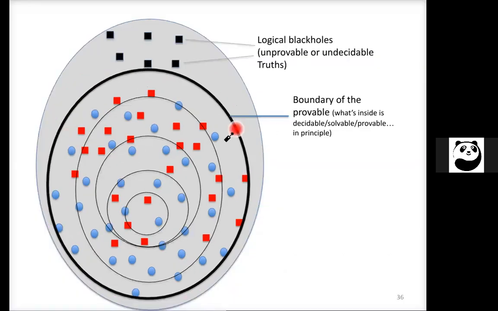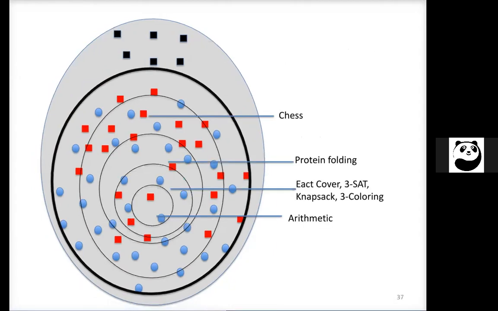So we call this the boundary of the provable. What's inside it is decidable, provable in principle. And we can now ignore everything outside and start thinking of useful things, like deciding how much work I have to do to decide whether a statement is in or out, whether a statement is true or false.